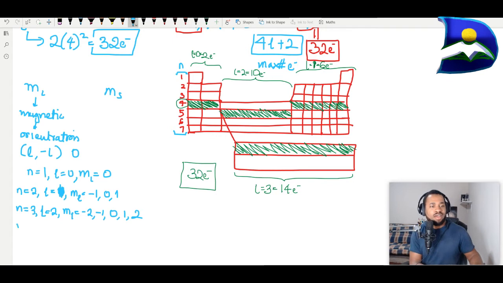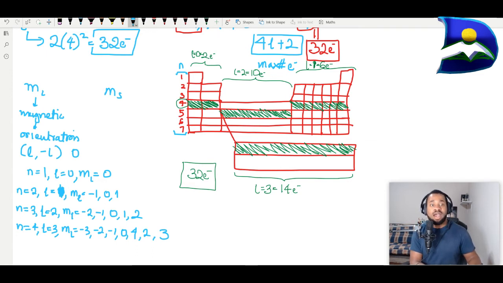And then finally for n equals 4, we have our L to be equal to 3, which in this case, ML is equal to negative 3, negative 2, negative 1, 0, 1, 2, and 3.